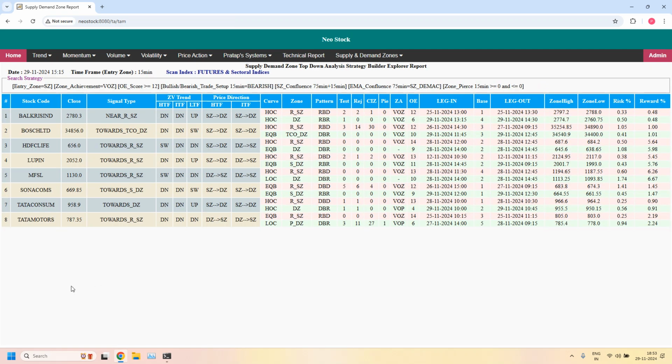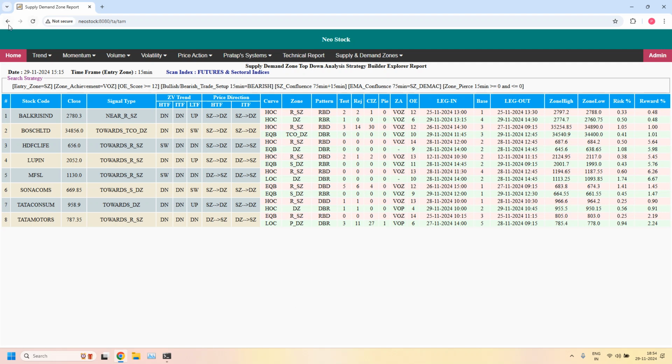So all these 8 stocks are even more high probability, bearish trade setup supported stocks. But a few stocks are sideways, we have to eliminate them. So except third and fifth, the remaining 6 stocks are more high probability trade setup supported stocks.